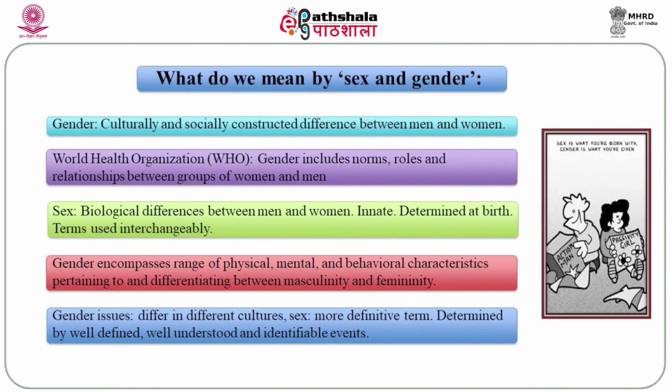Now, this module will tell you how innate differences between men and women arise, determined by sex at birth as a binary attribute, while gender is a construct based on social and cultural factors.